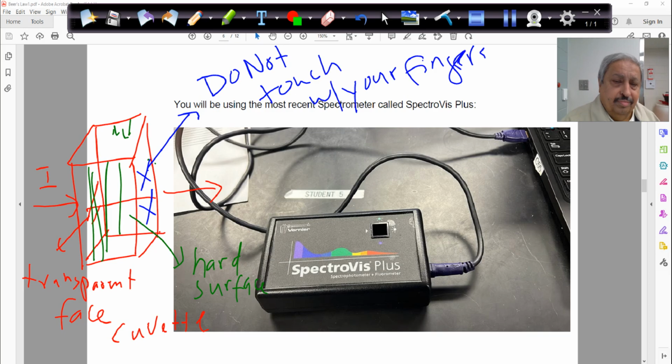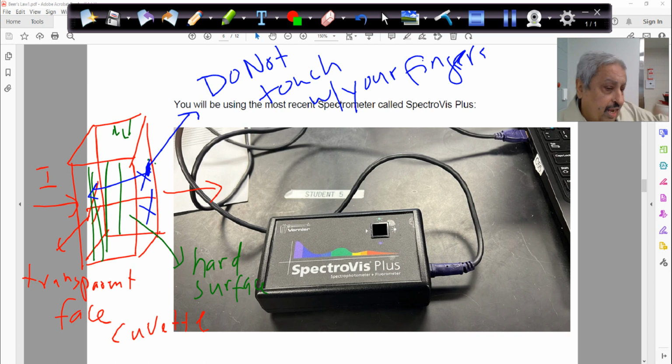Somebody tell me why? Because if you leave a fingerprint, any dirt from it that has a color will absorb what? Light. Or if it's not absorbing, it will be deflecting light off. So you will not get a good reading of the intensity of the light coming out.